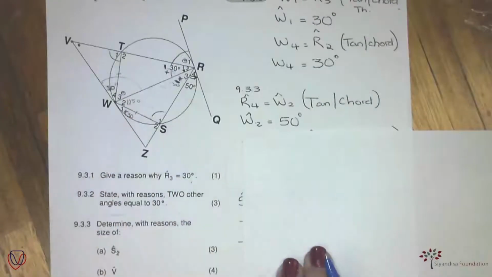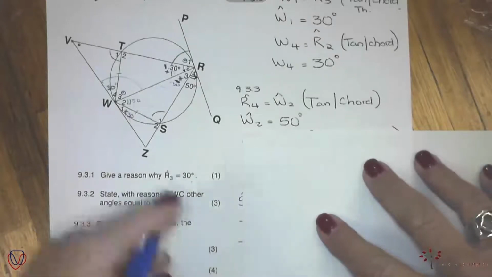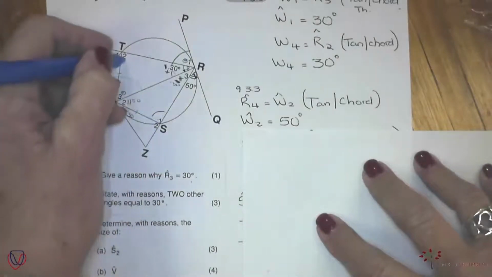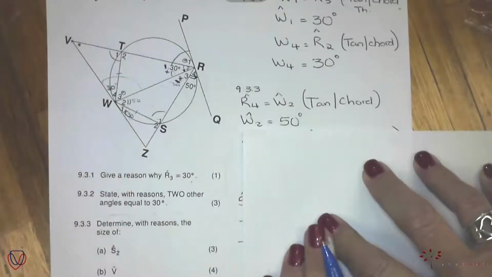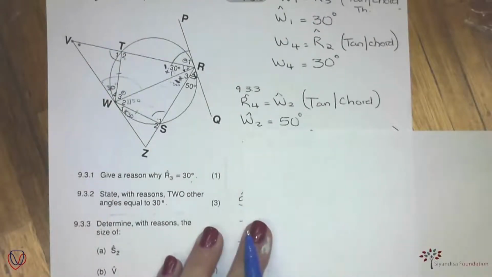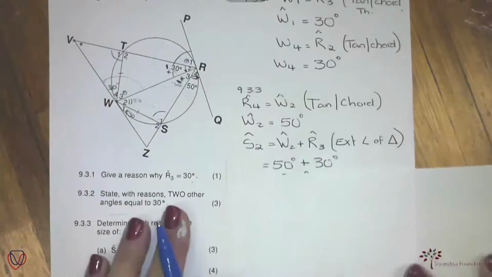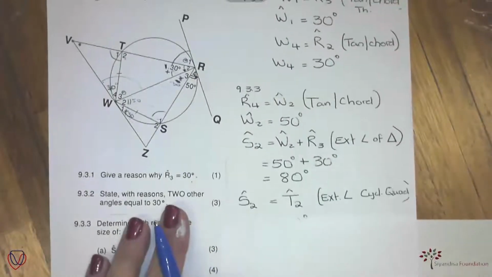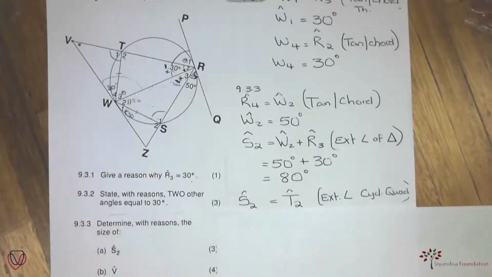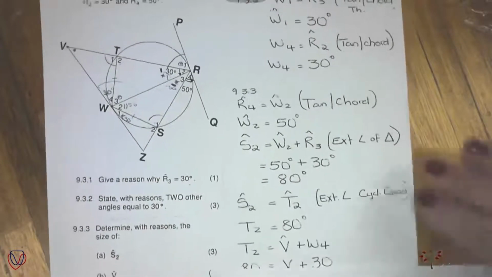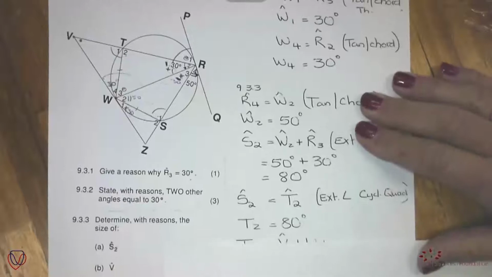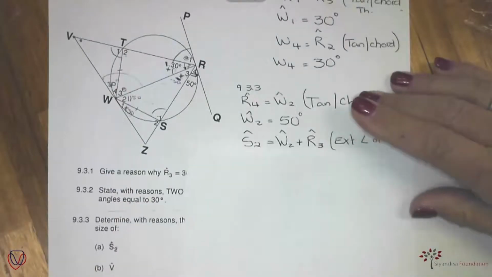So we can determine S1. So let's start there and jump to that stone there and then jump to these two angles there. Okay, S1 is going to be 180 minus 80, so 100.